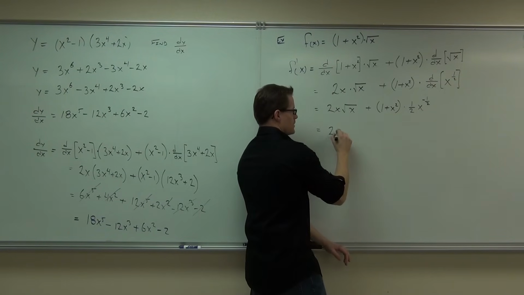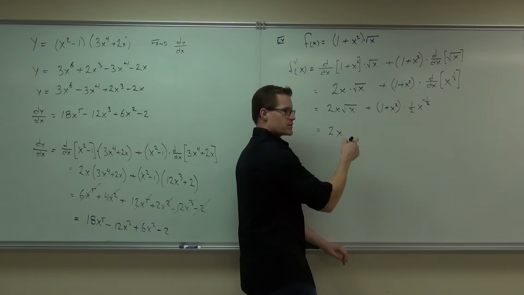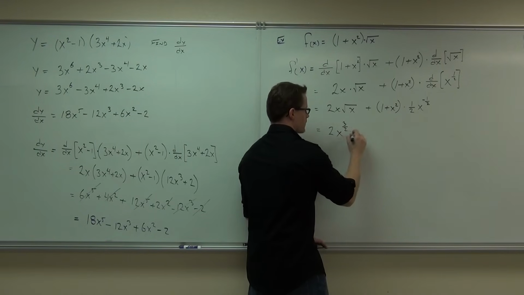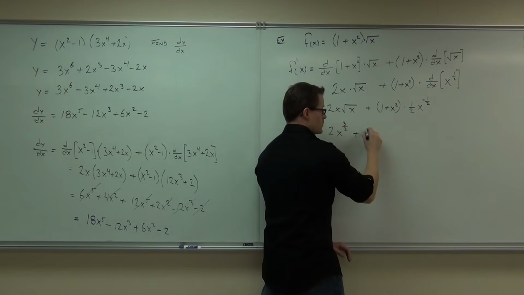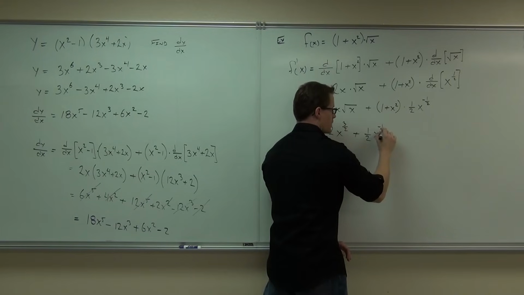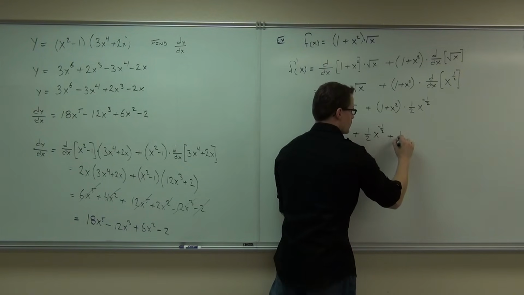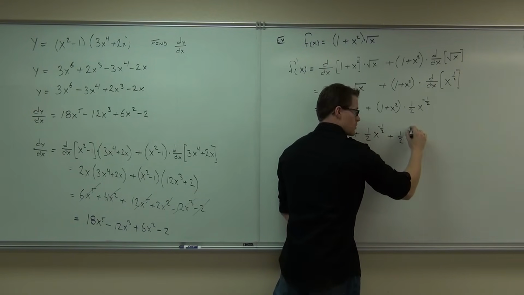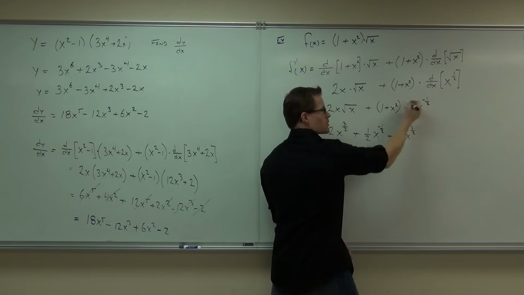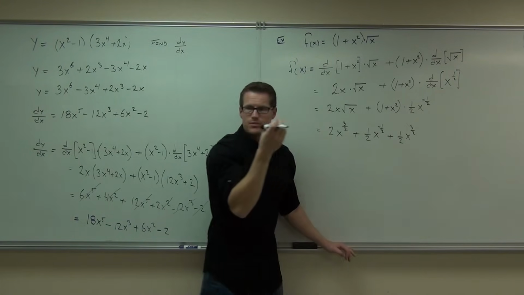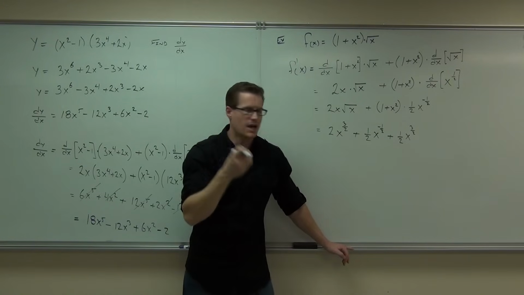So this is 2x to, let's see, 1 plus 1/2 is 3/2. Plus, if we distribute, you'll get 1/2 x to the negative 1/2 plus 1/2 x to the 3/2. And we're getting that because, of course, when you multiply those exponents, you add them. That's the 3/2 for you.